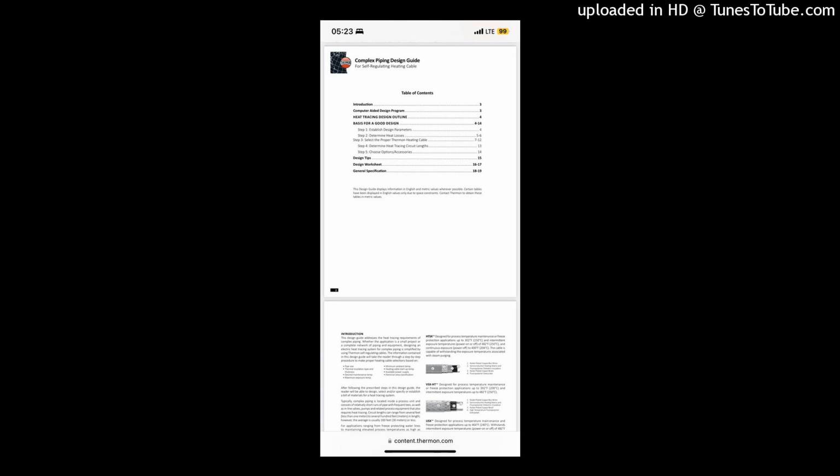Step 1. Establish design parameters. Collect information relative to the following design parameters: application information, pipe sizes or tubing diameters, pipe lengths, pipe material, metallic or non-metallic, type and number of valves, pumps, and other equipment, type and number of pipe supports, expected minimum ambient temperature.